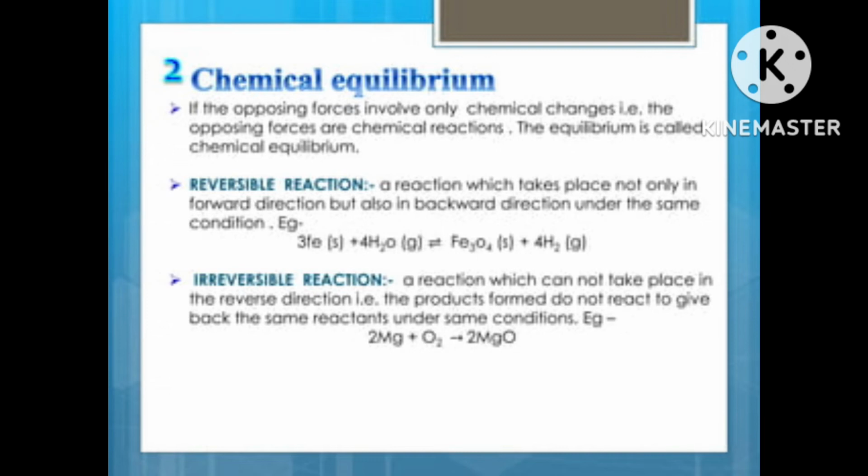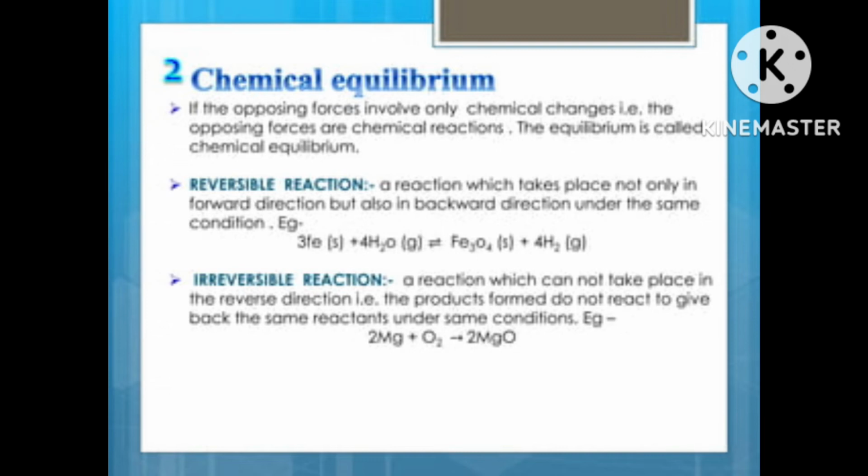Equality of the two rates and the dynamic nature of equilibrium has been confirmed with the help of radioactive sugar. If you want to know clearly about equilibrium, you can understand it by this very good example of radioactive sugar.